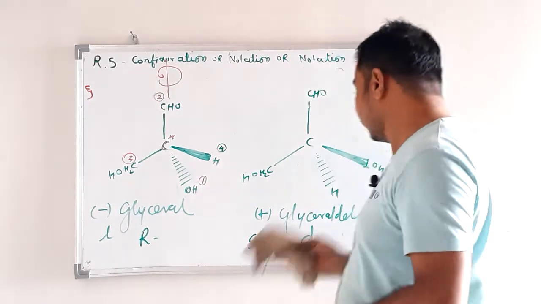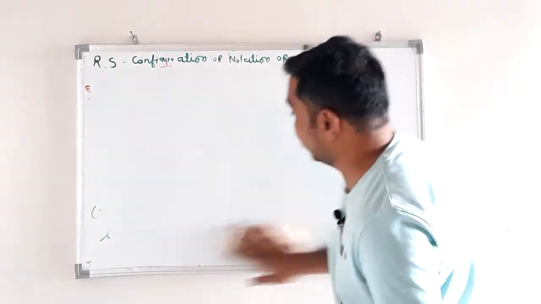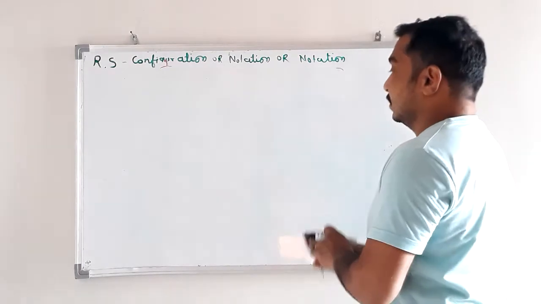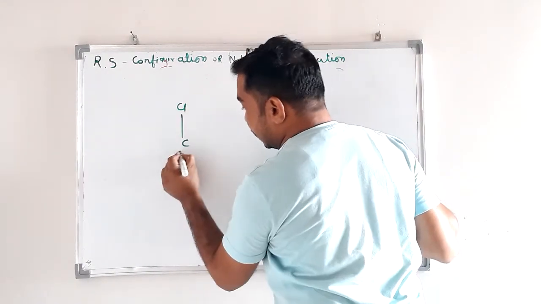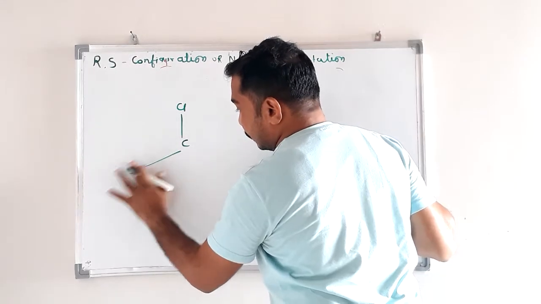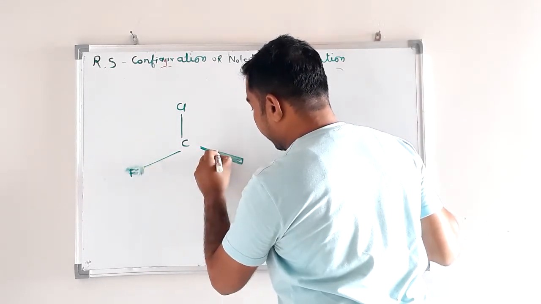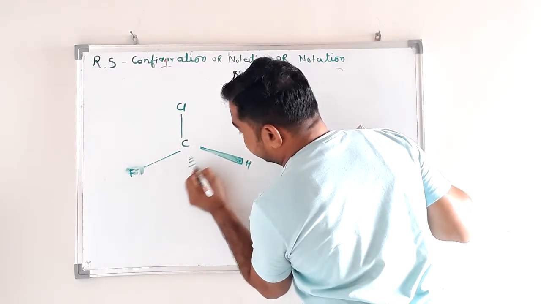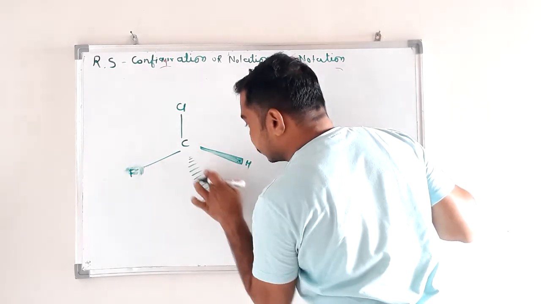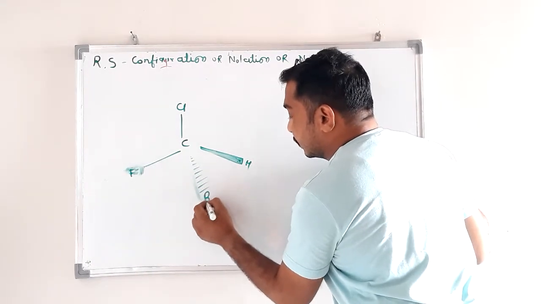Now one more example, very simple. Cl, fluorine, then suppose bromine.